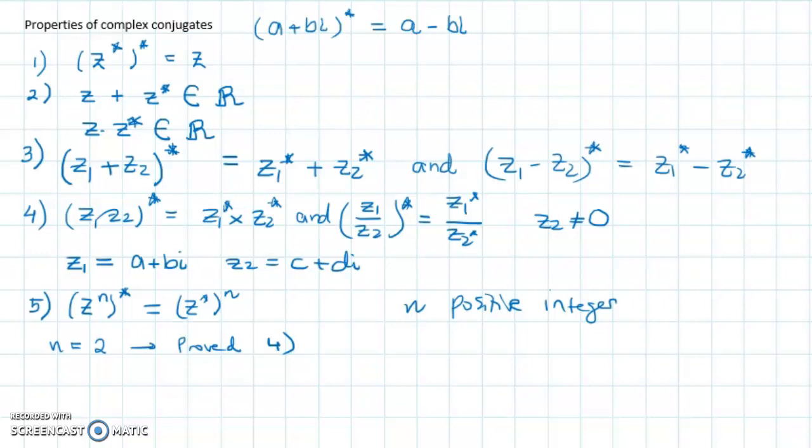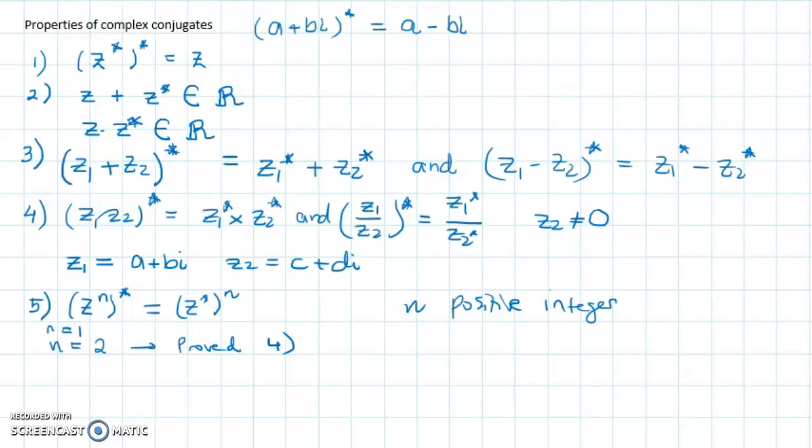Obviously this is also true for n equals 1, right? Because in that case, we're just saying that z conjugate is equal to z conjugate. But we want to prove it for positive integers, and we're so lucky that we have a fantastic method to prove properties for positive integers.